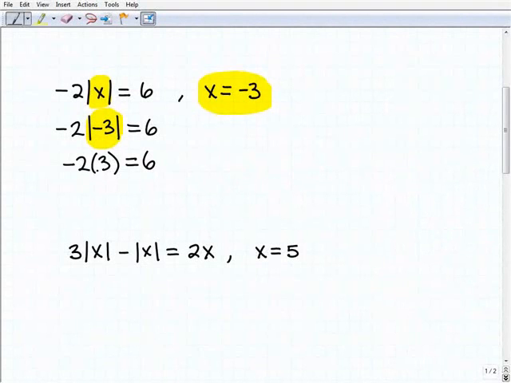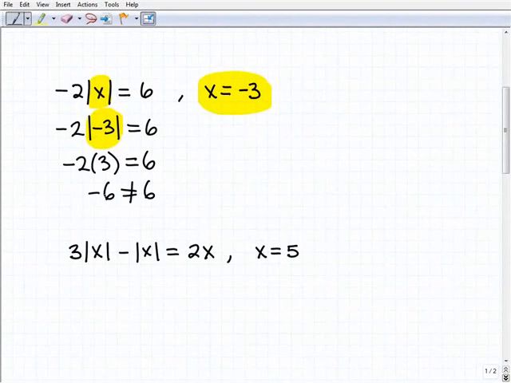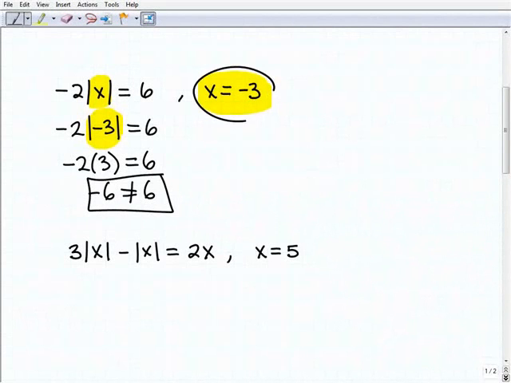Negative 2 times 3 is negative 6, and negative 6 does not equal a positive 6. They're close, but there's a difference in sign, so they have to be exactly the same. So x equals negative 3 is not a solution because the left-hand side does not equal the right-hand side.